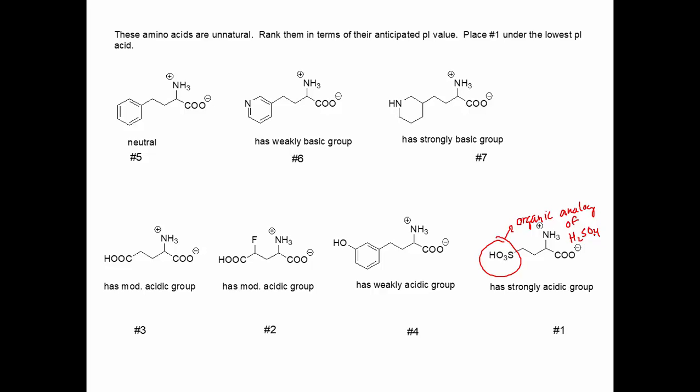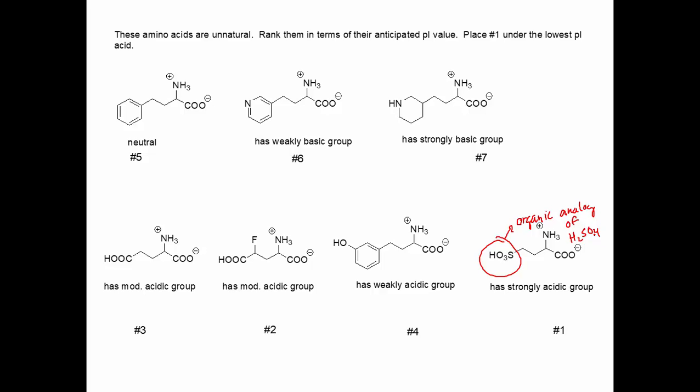Okay, we're going to rank the one that's got the fluorine next to the carboxylic acid as 2. We're going to rank the regular carboxylic acid, which is actually, that's not an unnatural amino acid. That's just glutamic acid there, isn't it? Yes, so number 3. All right, this is going to be number 4, this one with the phenol group.